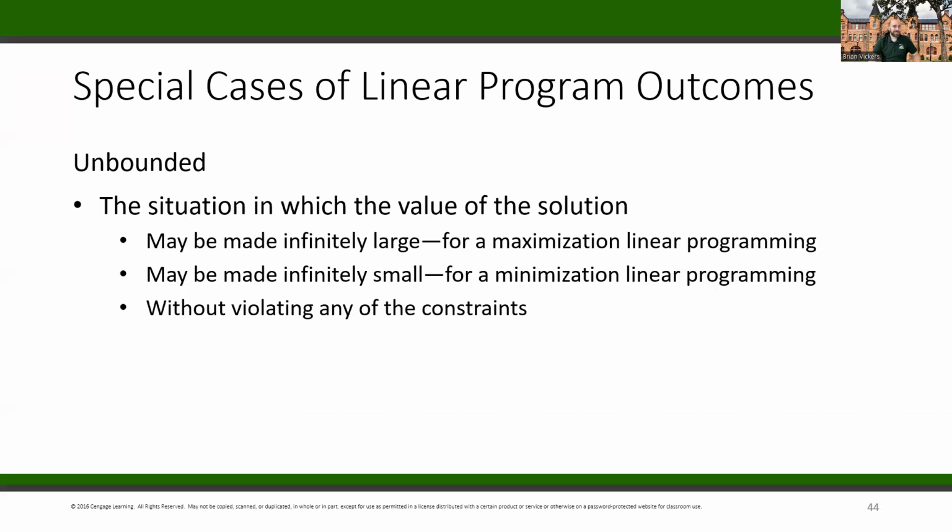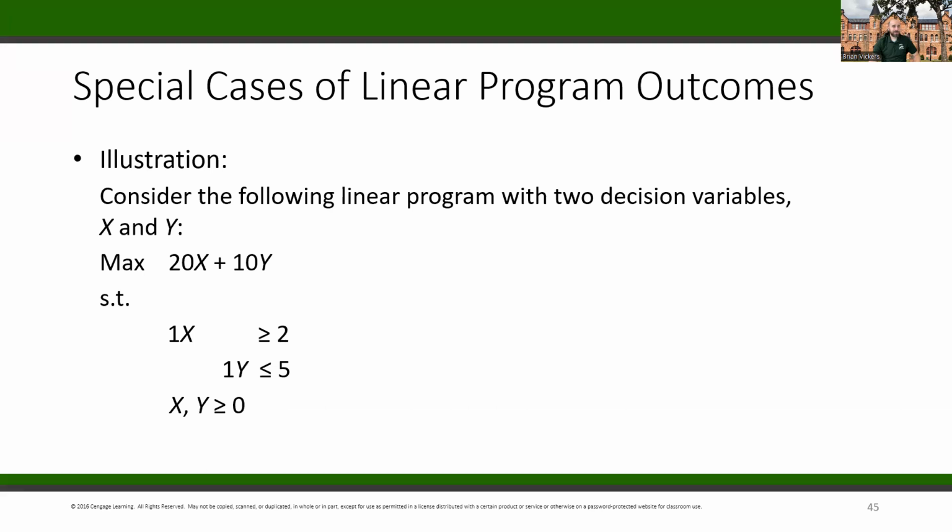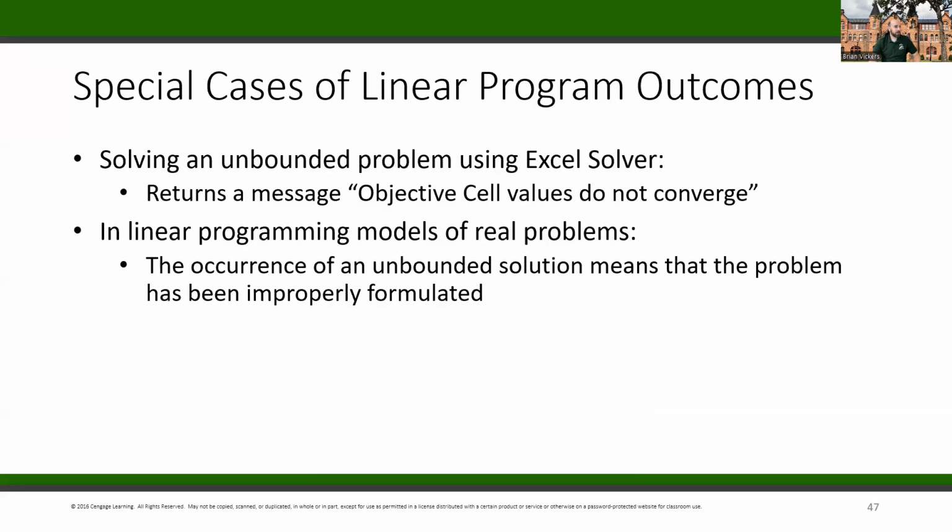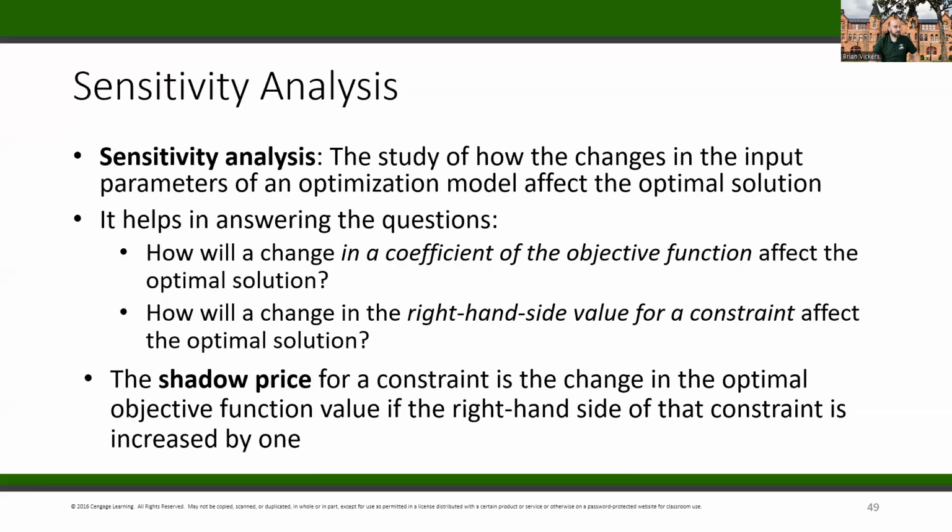All right, so unbounded problems. We're not going to really work on unbounded problems, but let's look at sensitivity analysis. The sensitivity analysis is asking us how much would I need to change the objective function to affect an optimal solution? How much could I change, and how much would more of a certain resource affect the optimal solution?